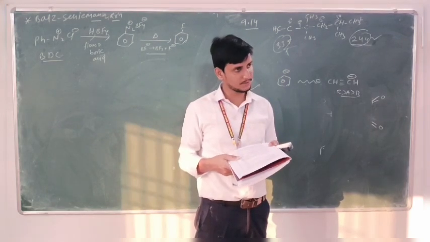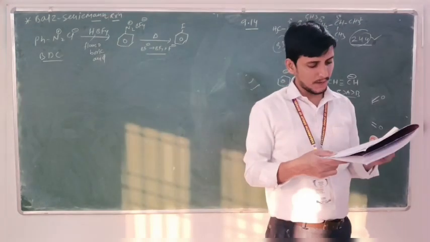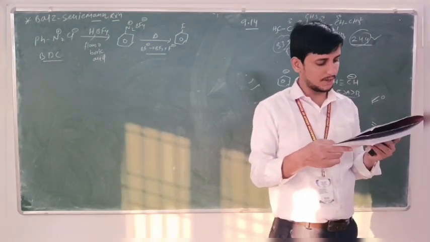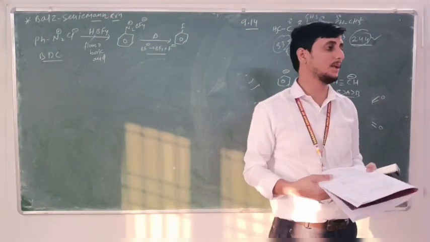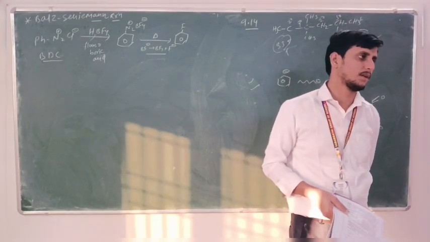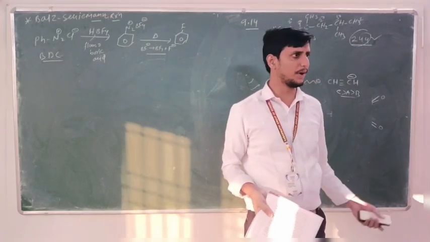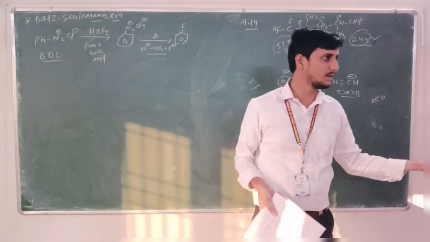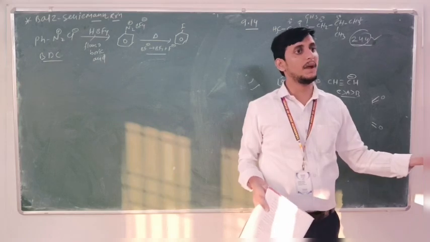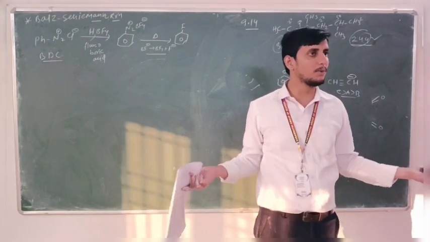Time is finished. Okay, question 19: why does benzene undergo electrophilic substitution reactions easily and nucleophilic substitution with difficulty? Is benzene a nucleophile or an electrophile? Benzene is a nucleophile, having pi electron density, pi bonds.